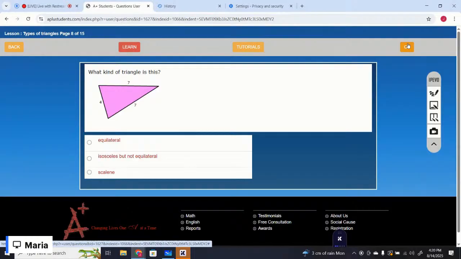That is isosceles but not equilateral. Option number two is the correct option. Okay, you can complete the lesson by yourself later today. Let me just move on to the next lesson.